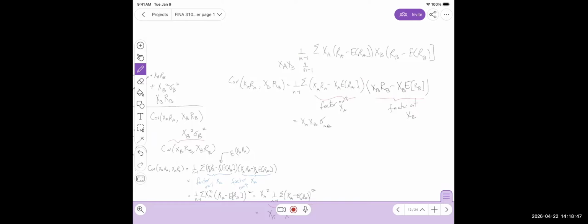All I have here is RA minus ERA times RB minus ERB. What is this? That's the covariance of A and B.